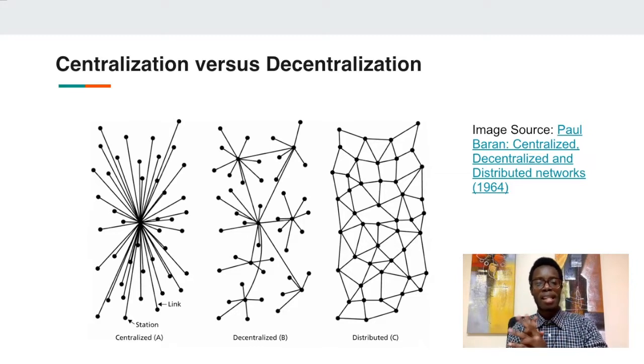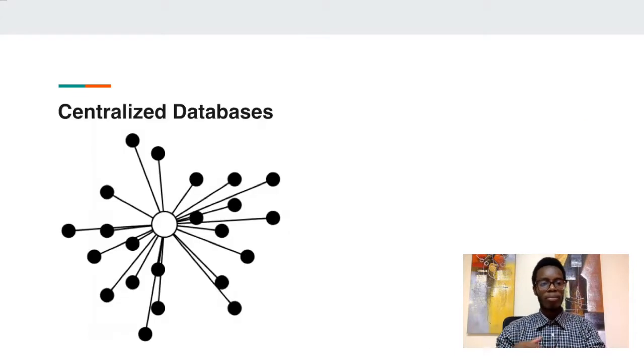In B, we can see a decentralized storage where we don't have one central storage, but rather a couple of network participants act as storage points. And lastly, we have distributed decentralized systems, or networks, or databases. And here you can see each and every single participant is a data storage point. But let's get deeper into these types of databases individually.